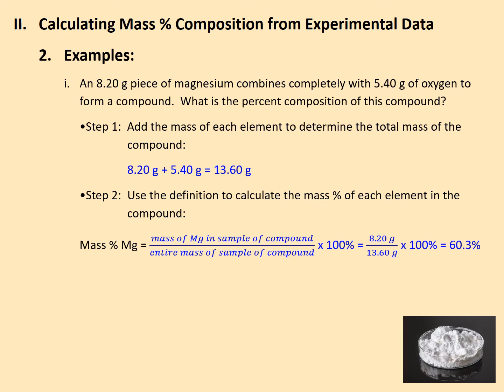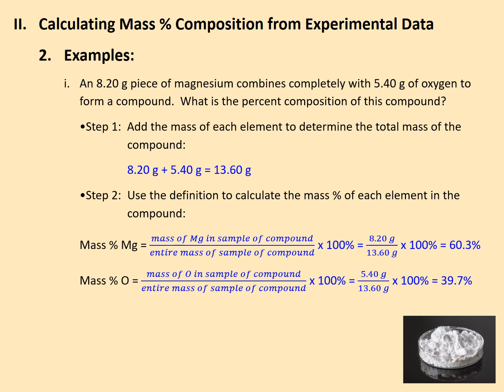Next, we will do the same process for the other element, which is oxygen. That is taking the mass of oxygen in our sample divided by the total mass. Oxygen has a mass of 5.40 grams divided by the total mass, which once again is 13.60 grams, multiplied by 100% to get 39.7%.